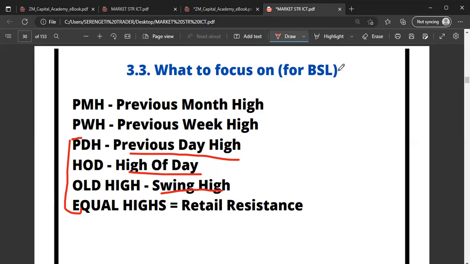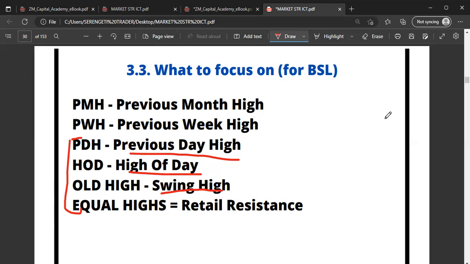So when the market takes out that previous day high, that is called buy stop liquidity. Also, when the market takes out the high of the day during that day, for example today, Wednesday, you just have to know the highest point the market has reached up to now.